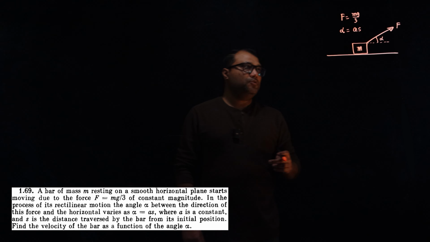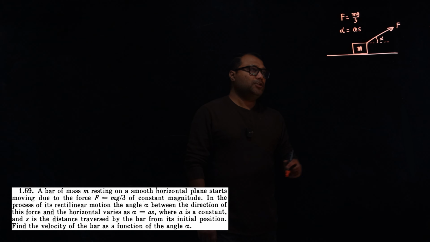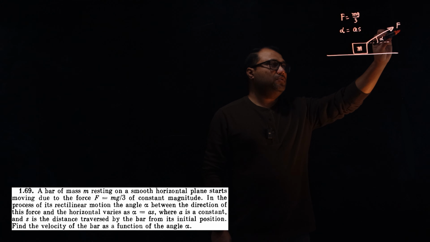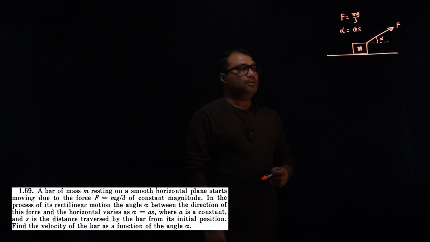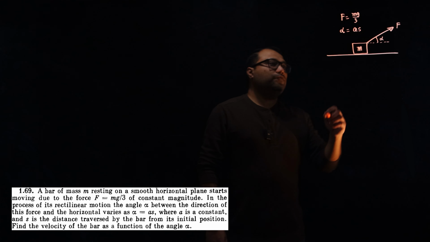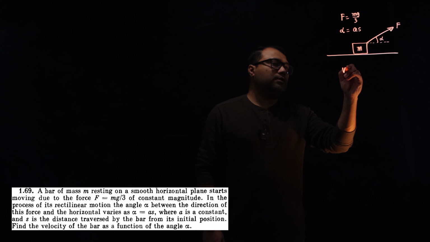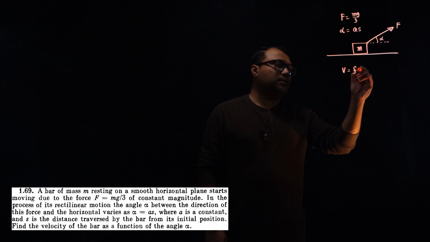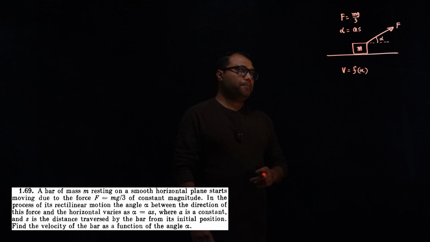So at t equals 0, s was 0. Initially the force was like this and slowly the alpha increases. What we need to find out is the velocity of the bar as a function of alpha.